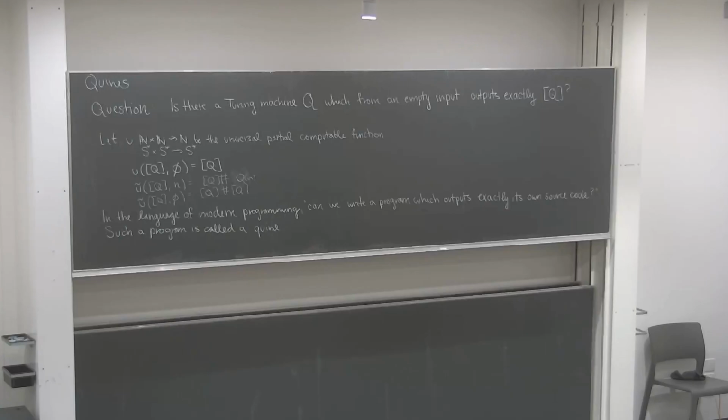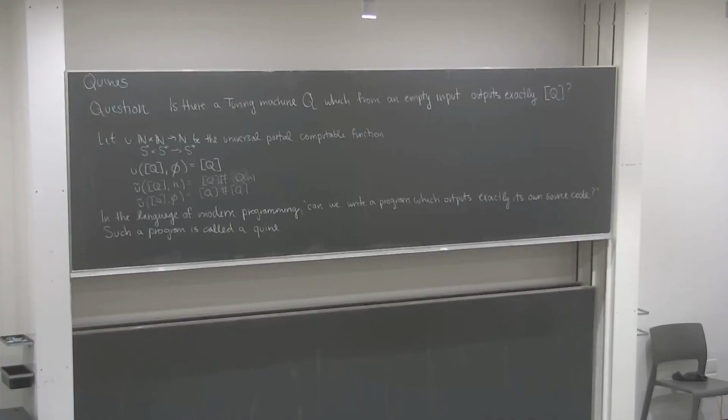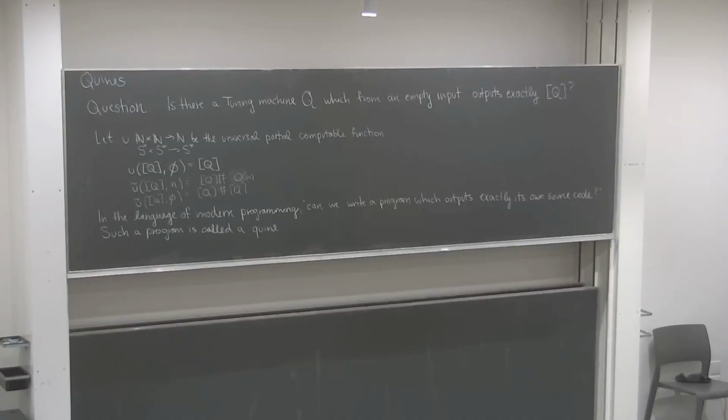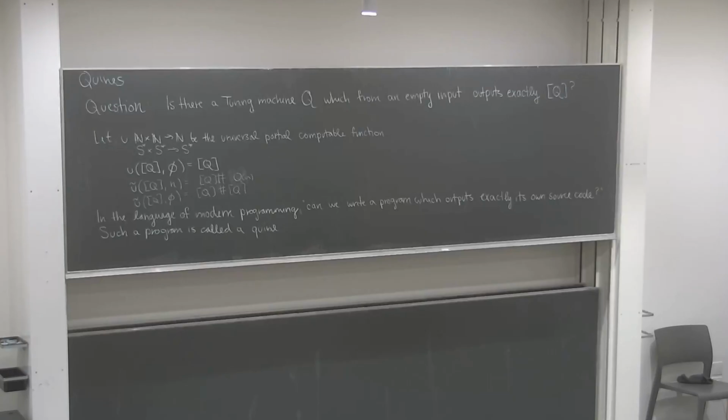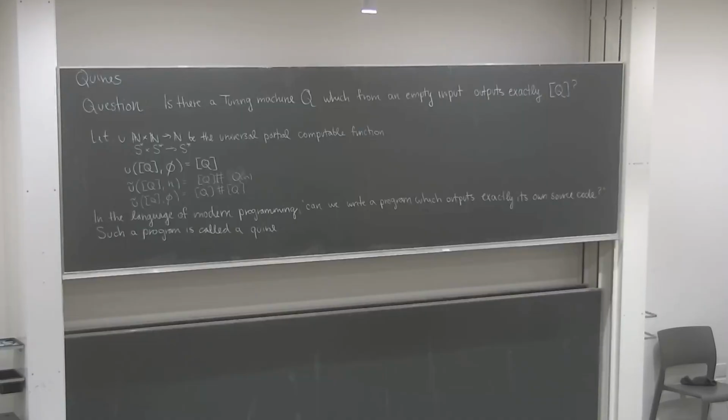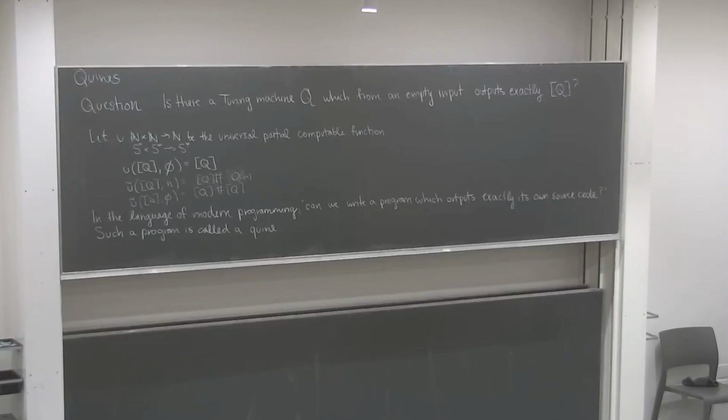We can kind of see it as some sort of a self-replication process. Maybe we can modify U to be such a partial function that instead of simulating Q on input N, it does not erase this description, so it outputs whatever it got here concatenated with the output of Q on N. So for this new modified universal partial computable function, if we plug in the Quine and an empty input, we get exactly 2 copies of Q. So we have some self-referencing program that, if it's plugged into the right universal computable function, can somehow self-replicate itself.